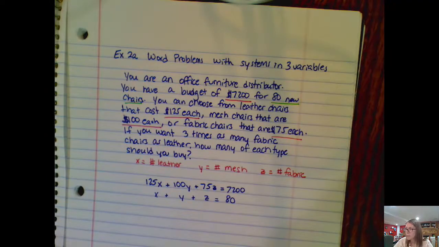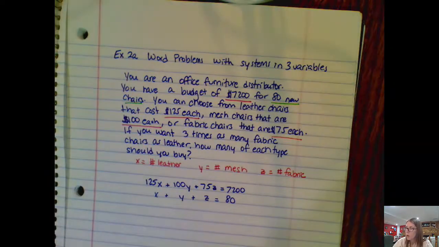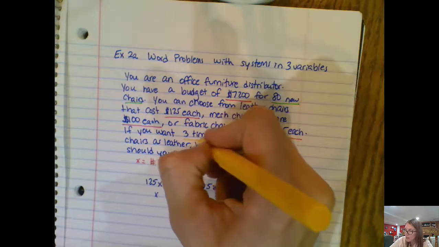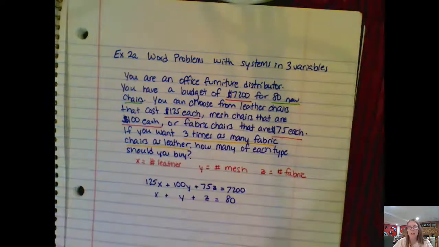And then our last piece of important information: we want 3 times as many fabric chairs as leather. All right, let's think about this for a second and how we're going to write this. Let's say I have 20 leather chairs. That means I'm going to have 60 fabric.